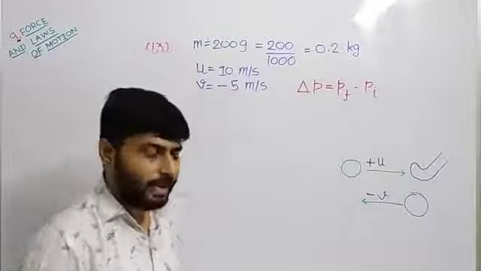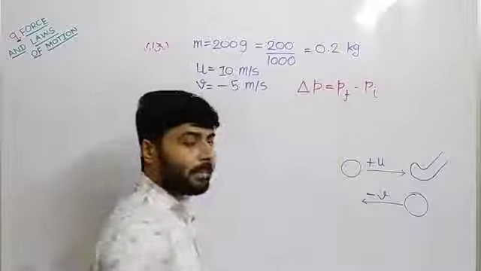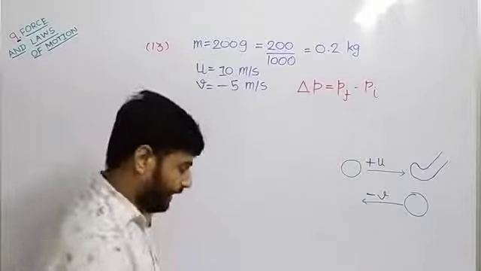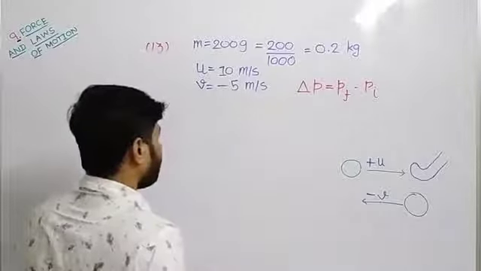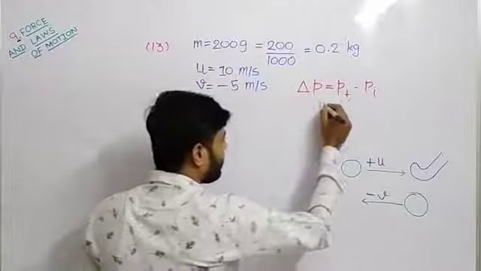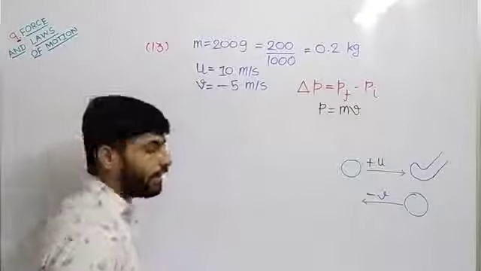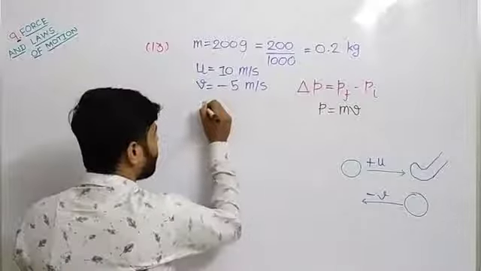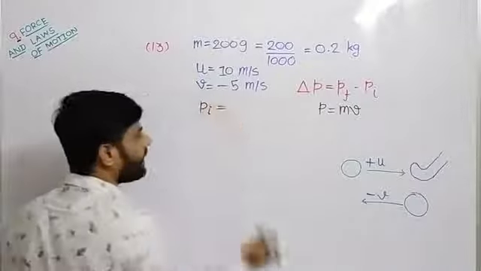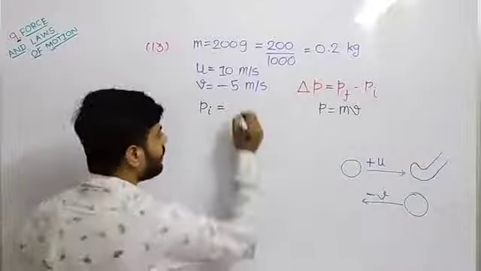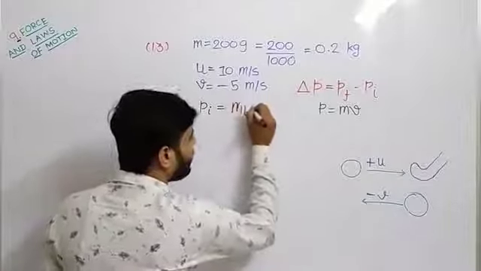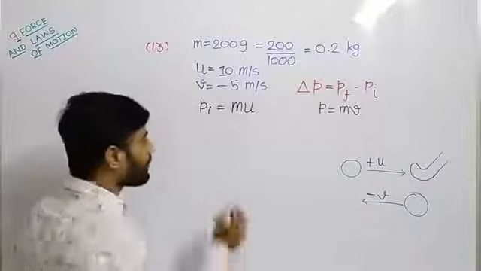So first of all, I have to find final momentum and initial momentum. We know that P is equal to mass into velocity. So initial momentum is equal to mass into initial velocity.